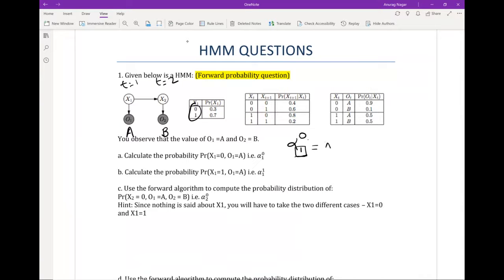So time 1 being in state 0. What does that mean? Starting in 0, then probability of outputting A given state 0. Alpha time 1 state 1 is probability of starting in state 1, then probability of A given state S1. So can you look this up? Well, that's pretty simple. 0.3 multiplied by A in S0.